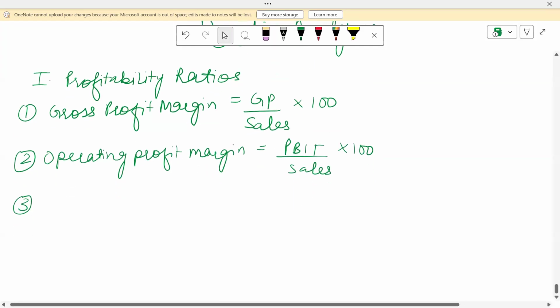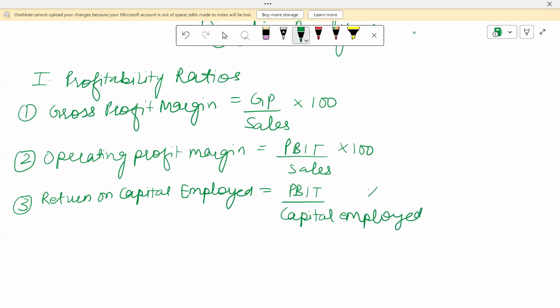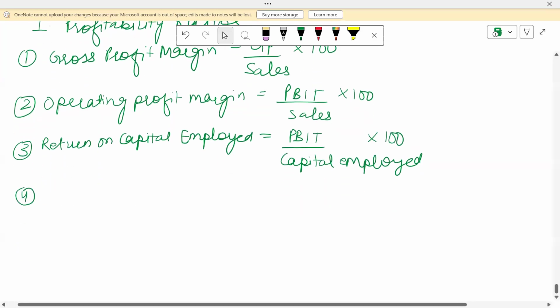Third one that we have is our ROCE, return on capital employed. This is nothing but your PBIT, profit before interest and tax, divided by capital employed. Again, you multiply this by 100 and give your answer in a percentage format.